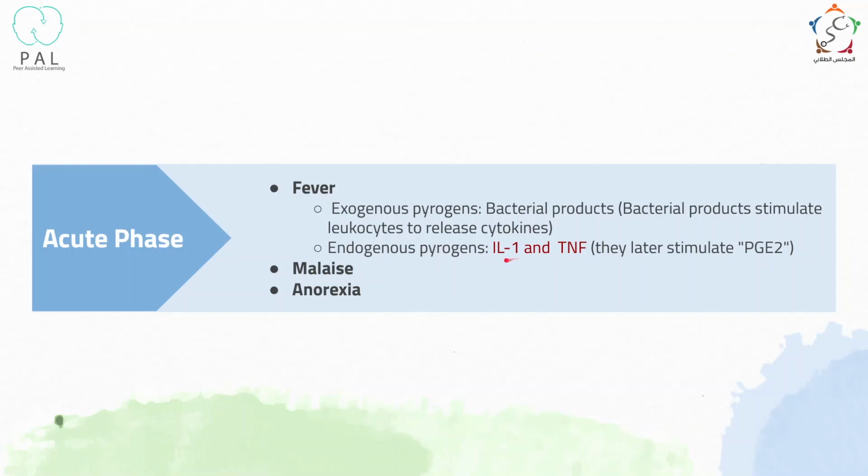These cytokines are the most important mediators because they can cause high blood pressure, high heart rate, and they can later stimulate prostaglandin E2. Now, prostaglandin E2 is very important because it changes the set point of the hypothalamus and raises the temperature of the body.